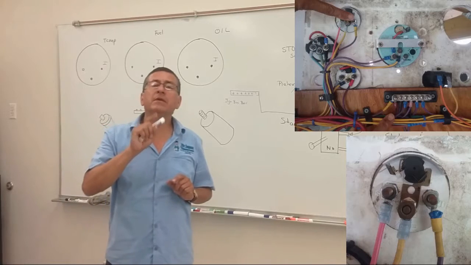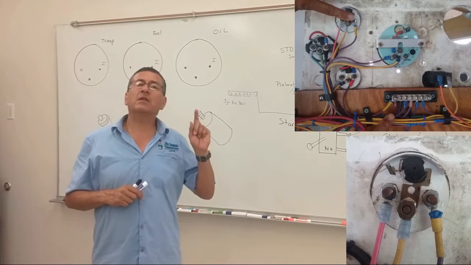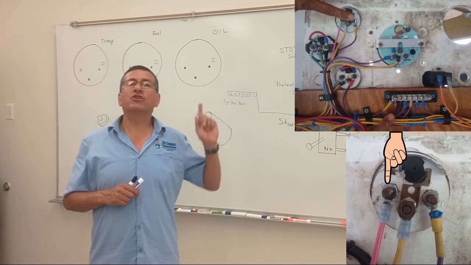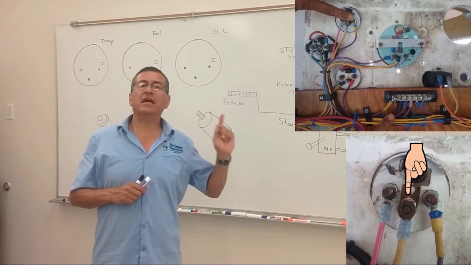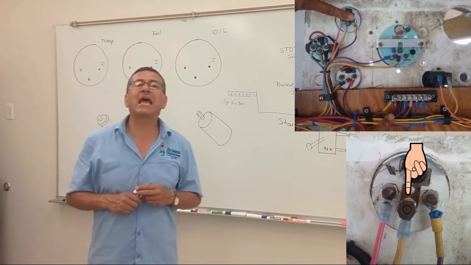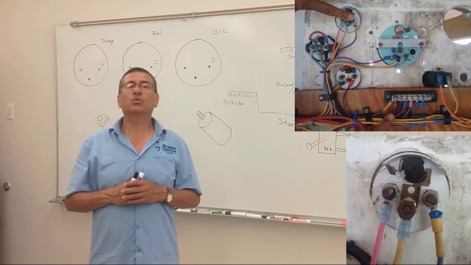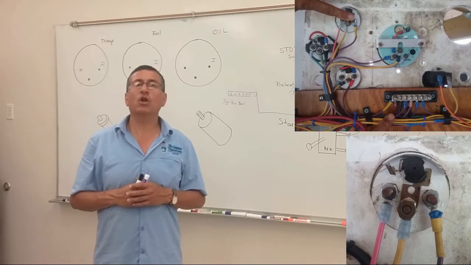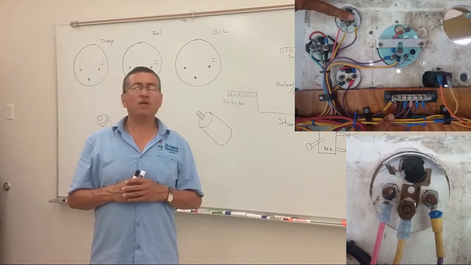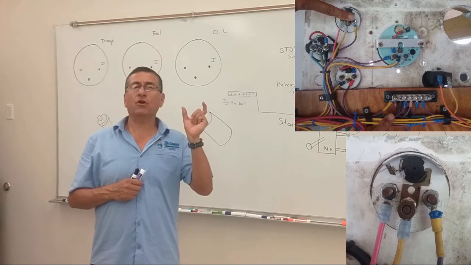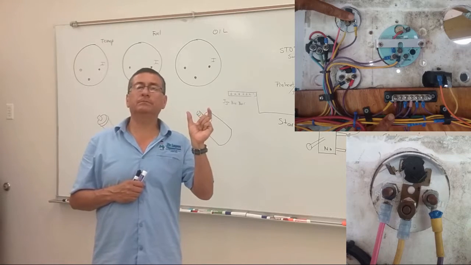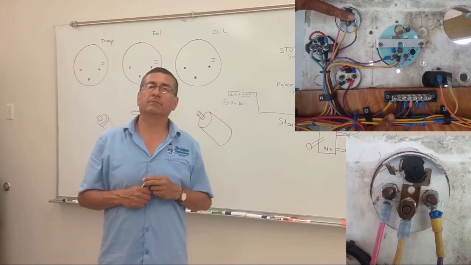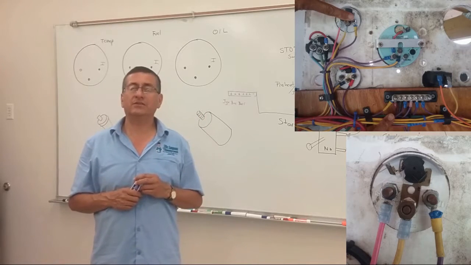One terminal for ignition, another terminal for signal, and another terminal, normally the middle one, for ground. All of the gauges for oil pressure, temperature, and fuel have 3 terminals in the back: ignition, ground, and signal.